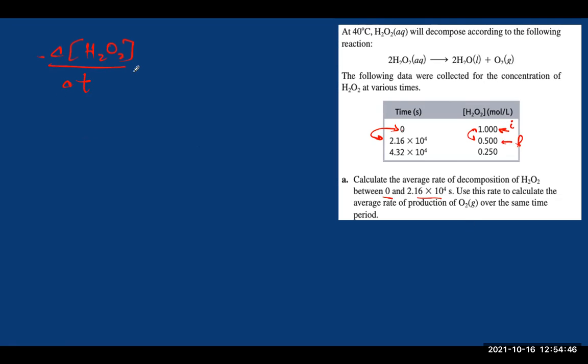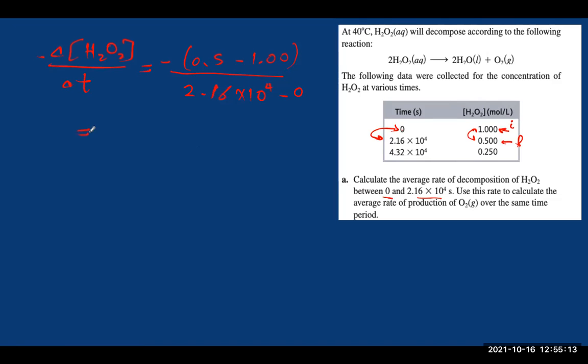Okay, so I will calculate this one, so it will be minus the final concentration, starting with the final. So the final concentration here will be 0.5 minus the initial 1.00, over the final time, which is 2.16 times 10 to the power 4 minus 0.